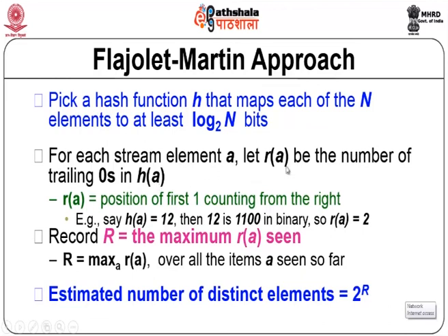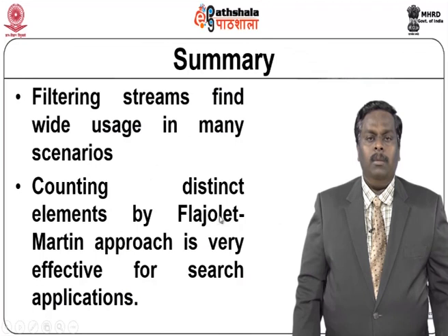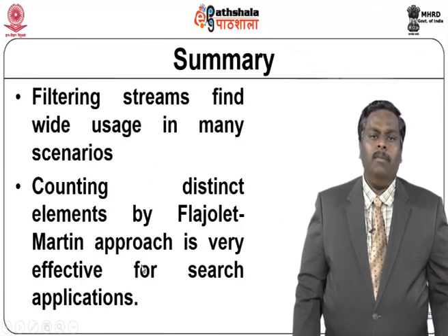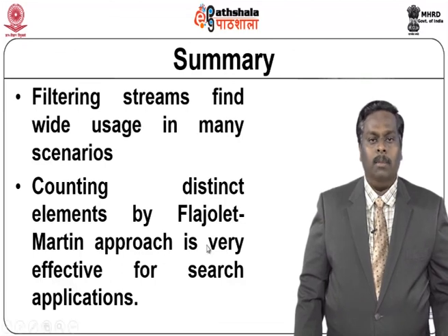In case the current r of a is larger, then you can replace the earlier r of a with the current r of a. Thereby, in each and every iteration, you work on different sets of data elements from the given data stream, and accordingly the maximum number of distinct elements from the given data stream can be identified. And therefore, the Flajolet-Martin algorithm is very effective for most search applications or algorithms.